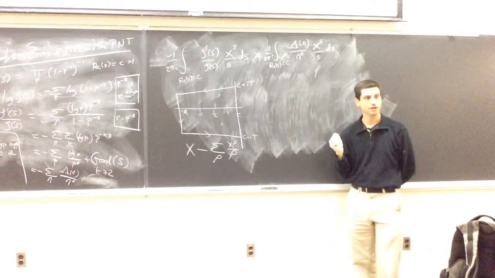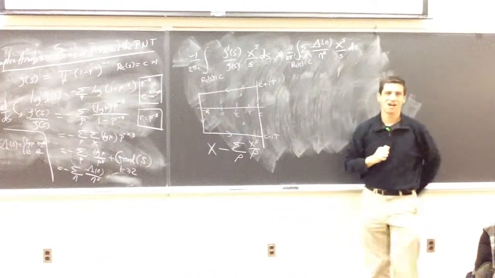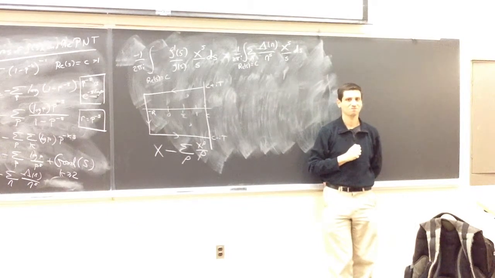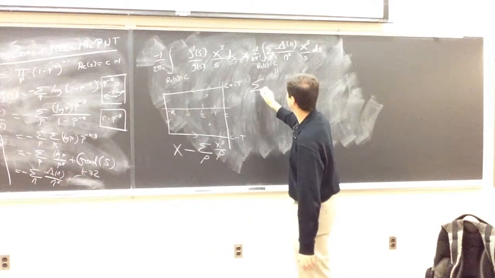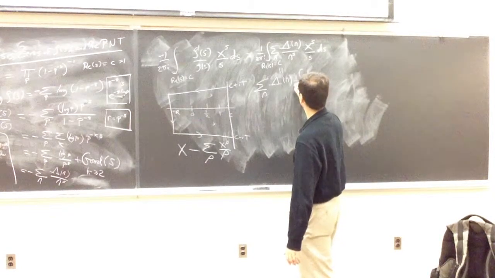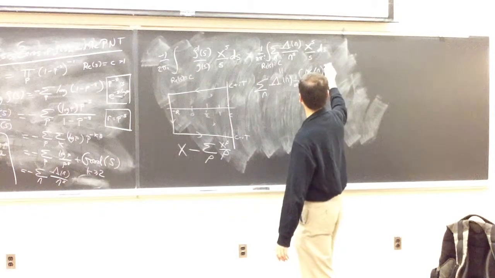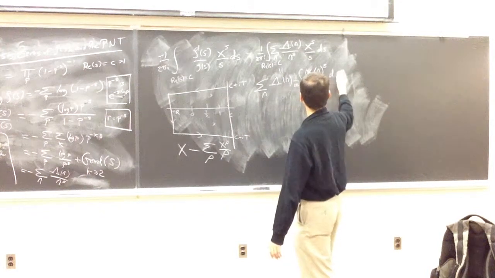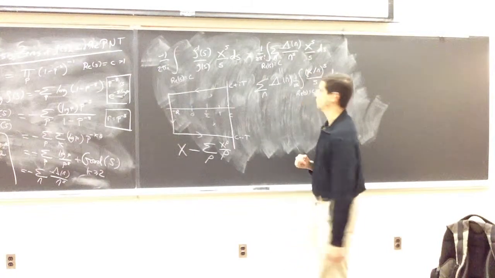Now we have to calculate the right-hand side. How do you think we should start? Oh, oops, I'm missing something. How do you think we should start? Interchange, right? This is the same as the sum over n of lambda of n, the integral 1 over 2 pi i, x divided by n to the s over s ds, real part of s equals c, which is greater than 1.